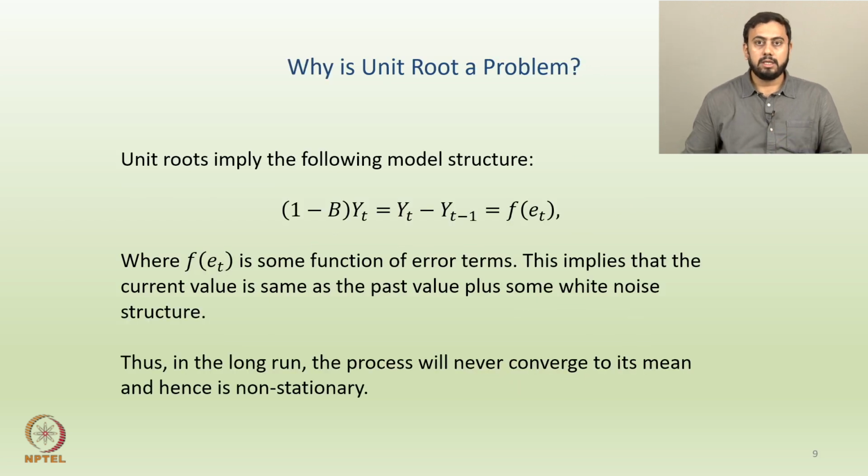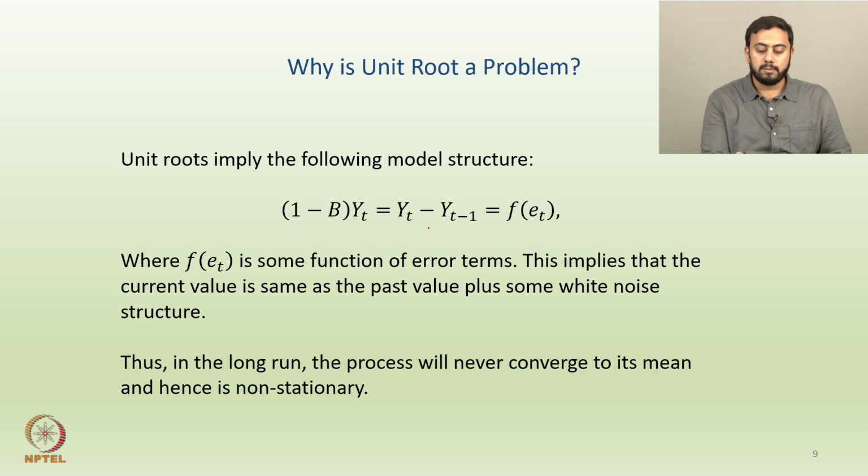Now the end story is, why is a unit root a problem? Unit roots imply the following model structure. Whenever you encounter a unit root, I can write down this equation. 1 minus b is the backshift operator applied on yt. If you expand this, what will you have?